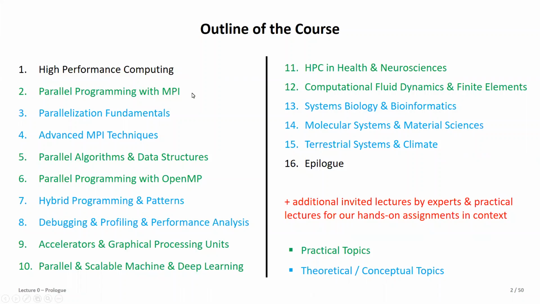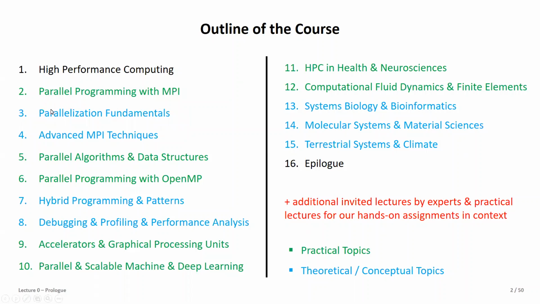Then we will find out that the Message Passing Interface, MPI, is a key central parallel programming tool, technique, and language that you can use to make parallel programs, parallel computing software that can leverage HPC. In order to do this, we need to understand some parallelization fundamentals, which are quite important, and we will cover them in lecture 3.